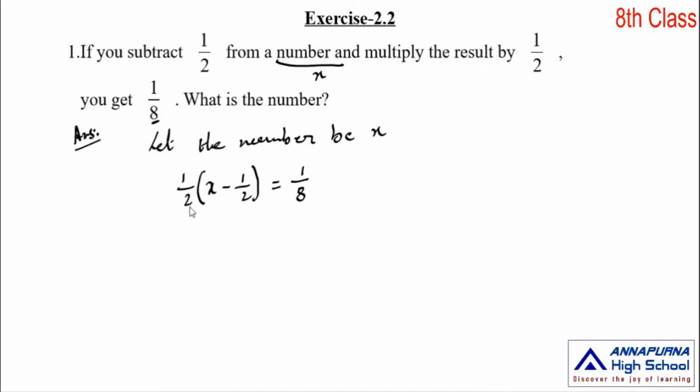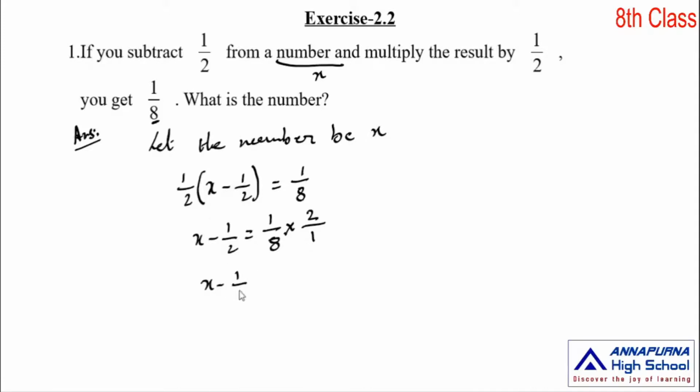First, transpose this 1/2 to the right side. 1/2 is in p by q form, so when you transpose it to the right side, it multiplies the right side part and you write the reciprocal. So 1/2's reciprocal is 2/1.